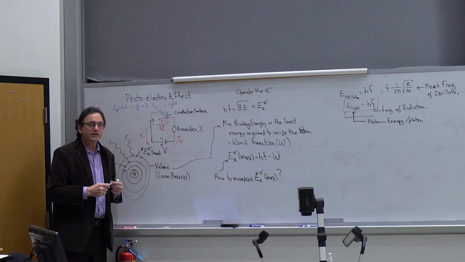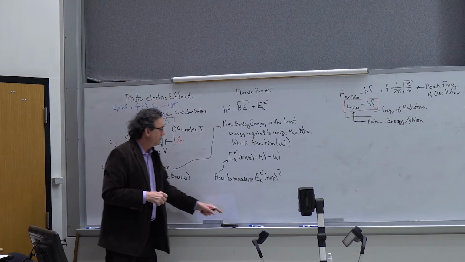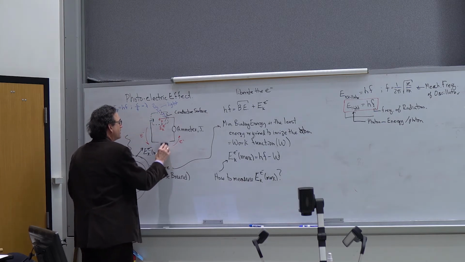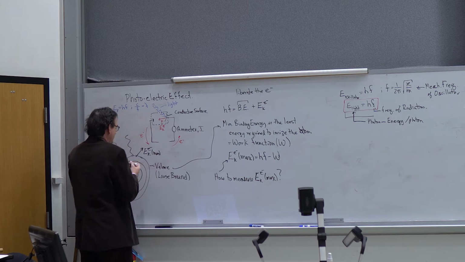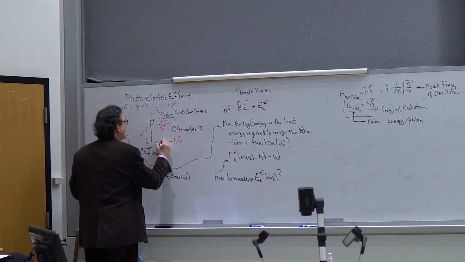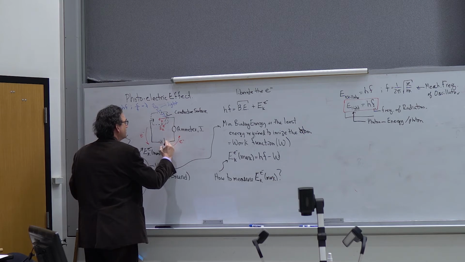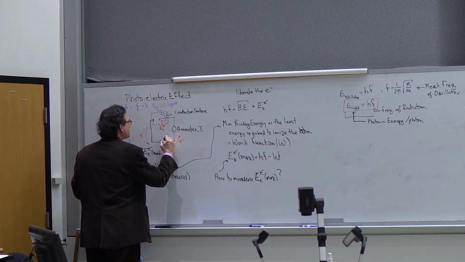Well, the way we're going to measure that is to provide a reverse bias here with a variable voltage supply. So let me write it a different way now. Let's suppose that I'm now going to put the negative terminal of the battery on this side. So this side is negative with respect to this side of the battery, which is positive.